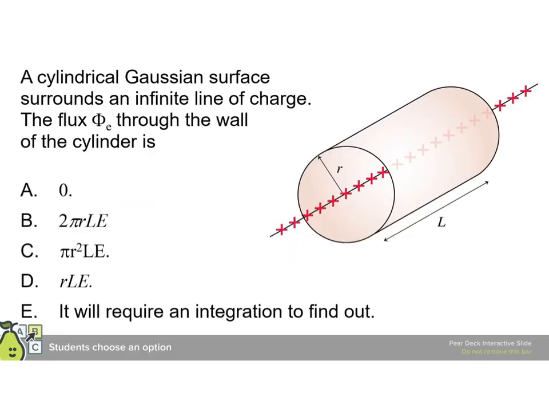All right, so a cylindrical Gaussian surface surrounds an infinite line of charge. The flux phi sub e through the wall of the cylinder is one of these following things. Remember the definition of electric flux, which is the integral over a complete surface of E dot dA. Things are a little tricky though, because there are actually three surfaces here.